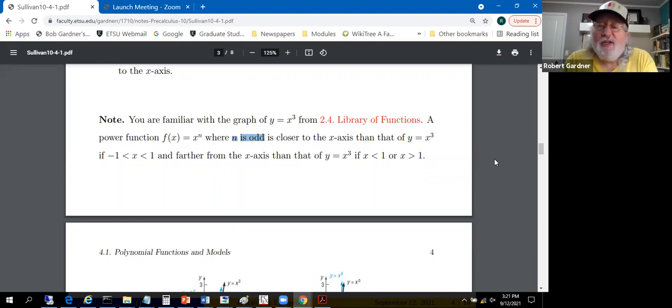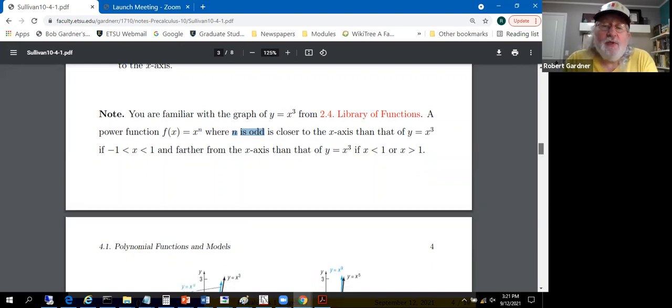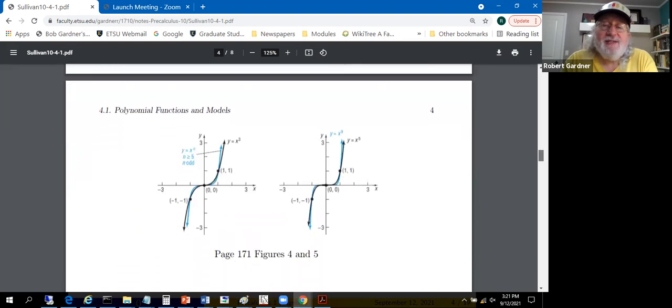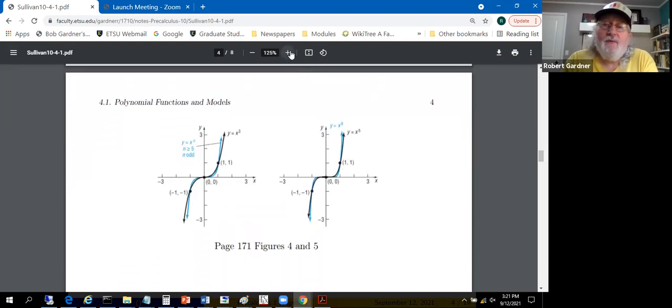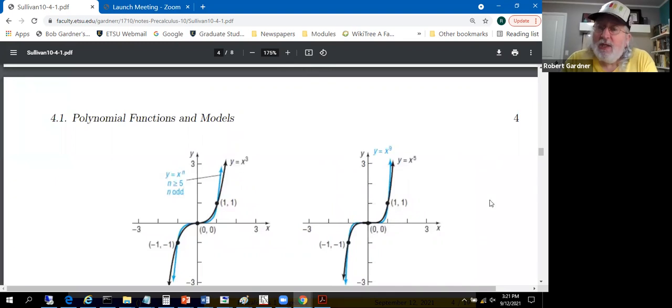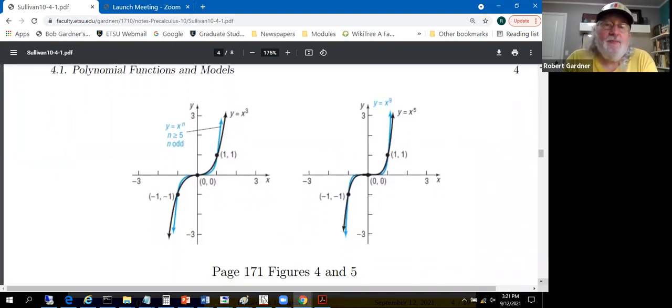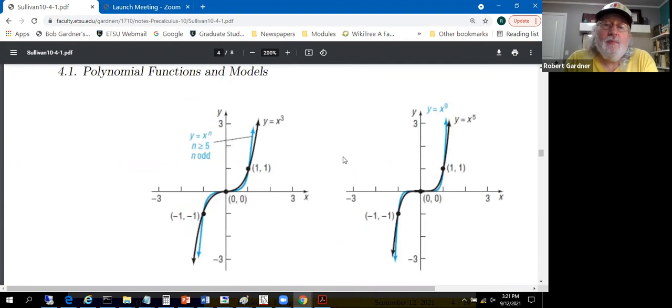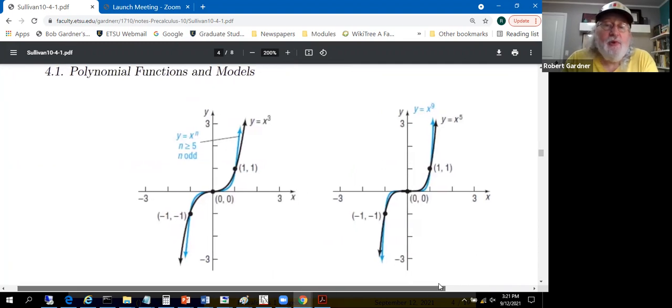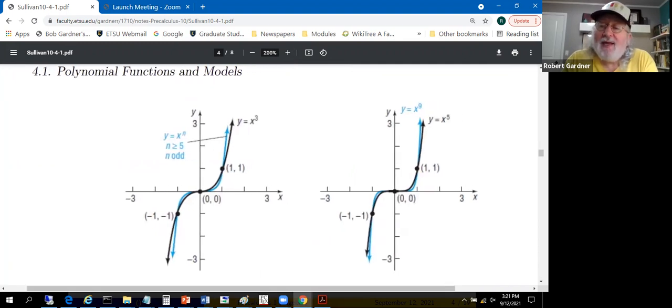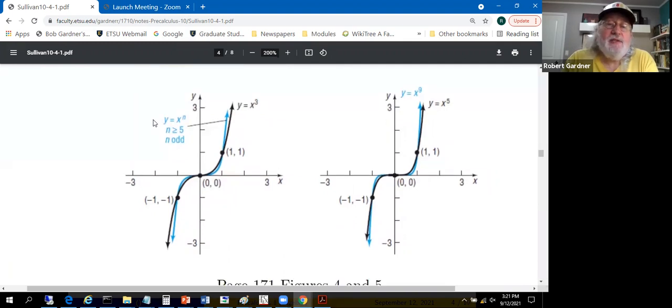Now, which direction it goes in is going to be a little bit different in this story, but the closeness and the furtherness, those ideas still hold in the same place. Here we're looking at, in black, the graph of y equals x cubed, and in blue, the graph of y equals x to the n, where n is some exponent greater than or equal to 5.